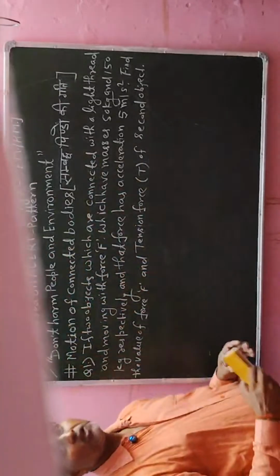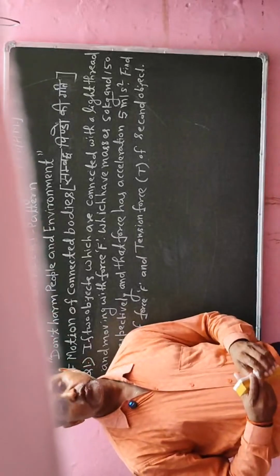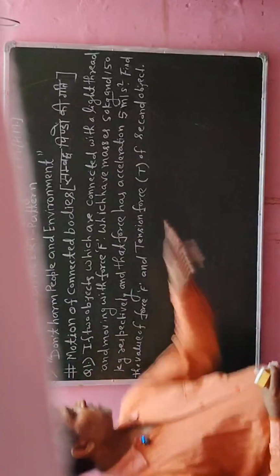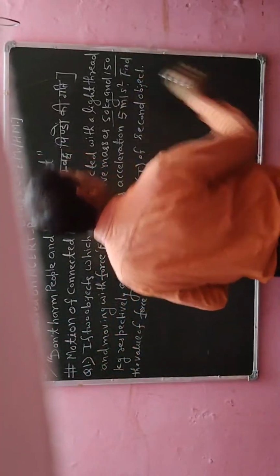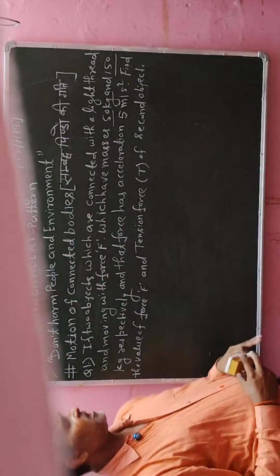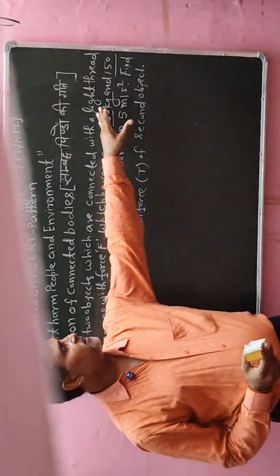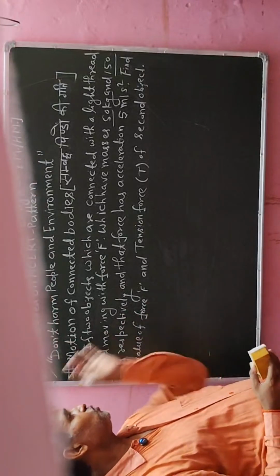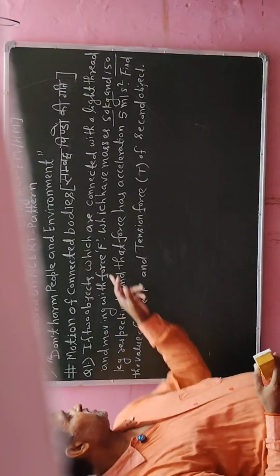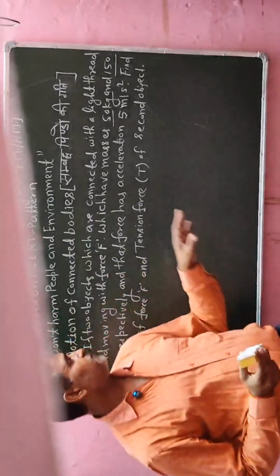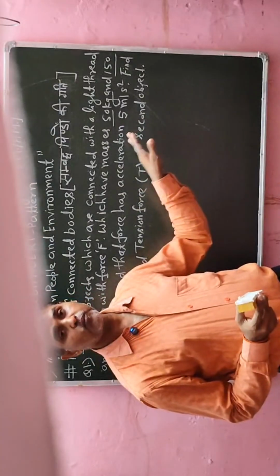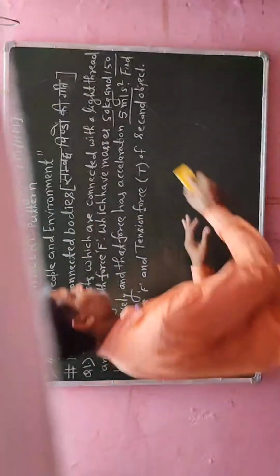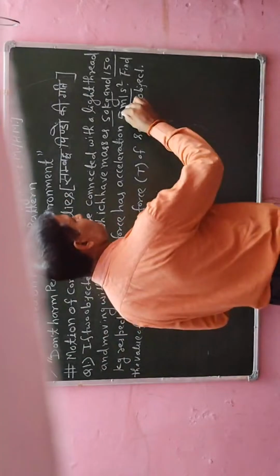Okay, so I have written one question. In this question there are two objects which have mass 50 kg and 150 kg, and these two objects have been connected with a light thread, meaning a lightweight thread, and moving with a force F. That force is moving with an acceleration, and that acceleration is also given here, 5 meter per second square.